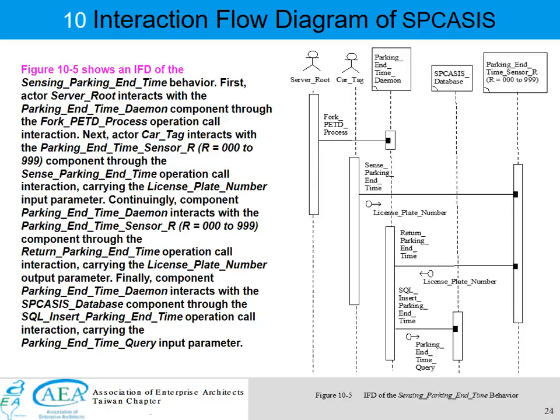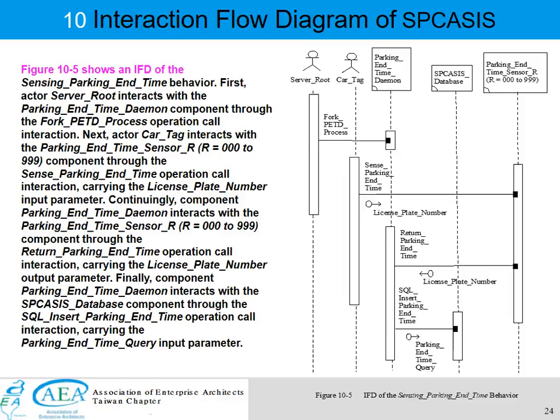The fifth IFD is the sensing parking end time behavior. In this IFD, there are totally 4 interactions. The first interaction is the server root actor forking the PETD process to the parking end time daemon component.